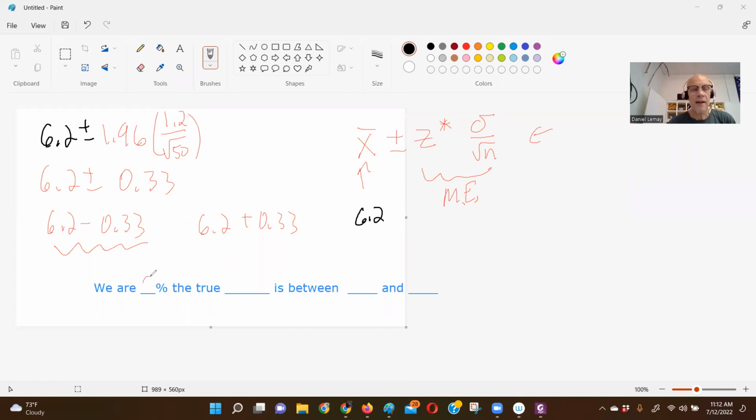So we're 95% confident the true mean hours of sleep for college students. See how it's specific, that is between, I guess I can do this.